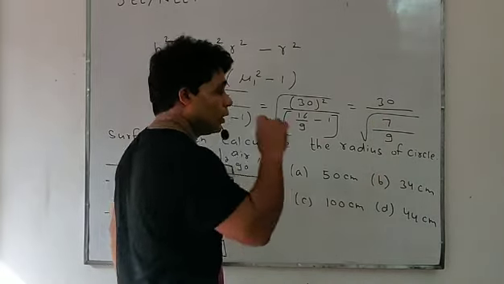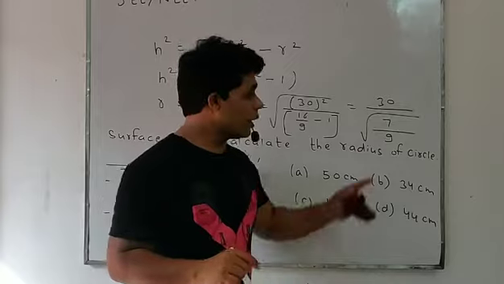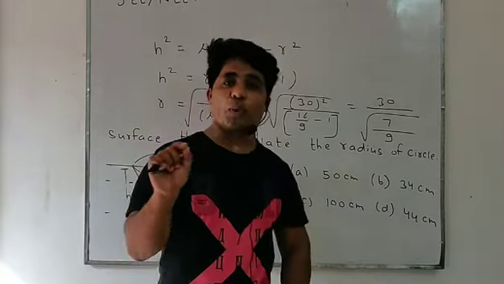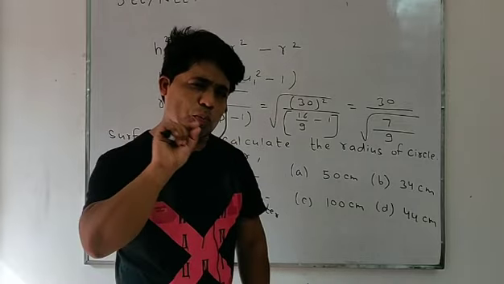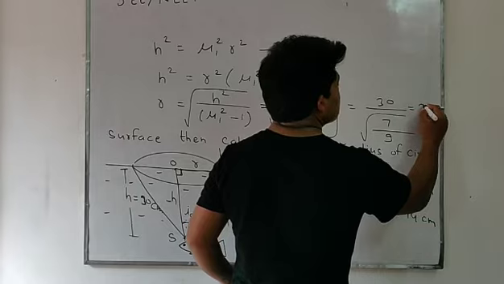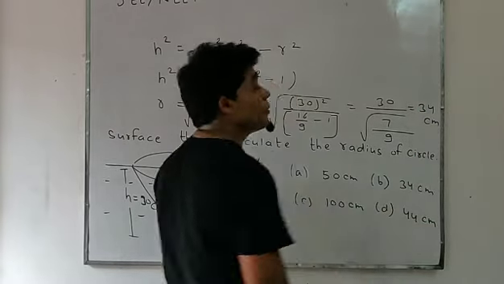Square root of 9 is 3 and 9 will multiply with 30, 90 by root 7. Root 7 is 2.64 and when 90 is divided by 2.64, we'll get finally 34 centimeter.